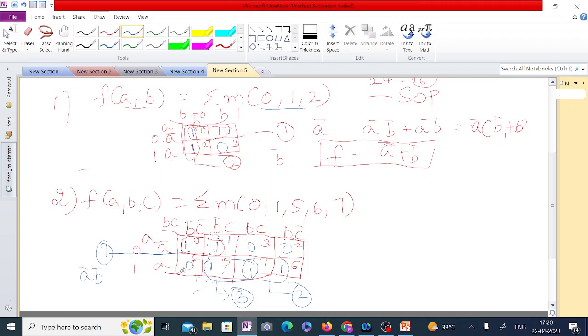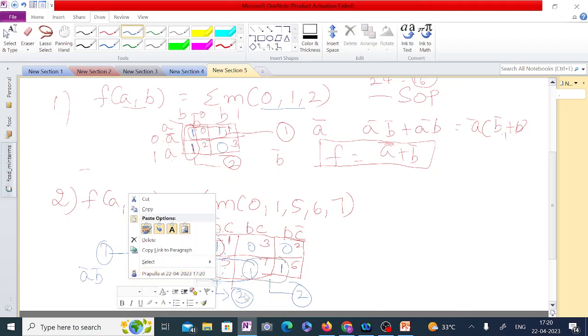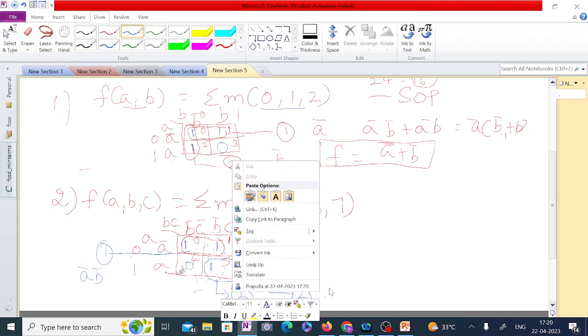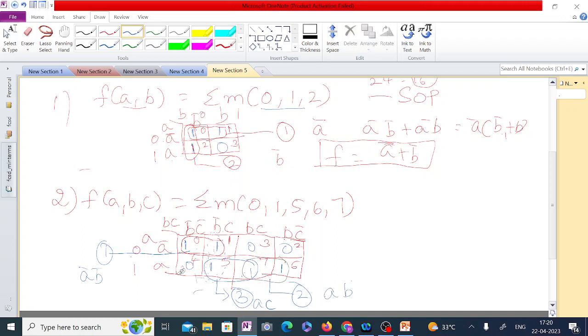For this third group, for this pair, it would be A and C. Then for the second group, it would be A and B. So I get the expression as F equal to A bar B bar plus AC plus AB.